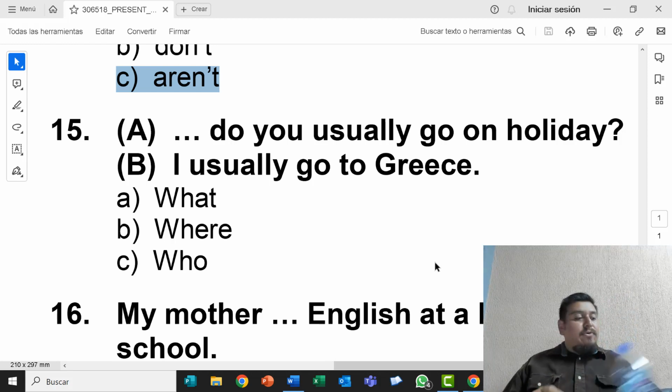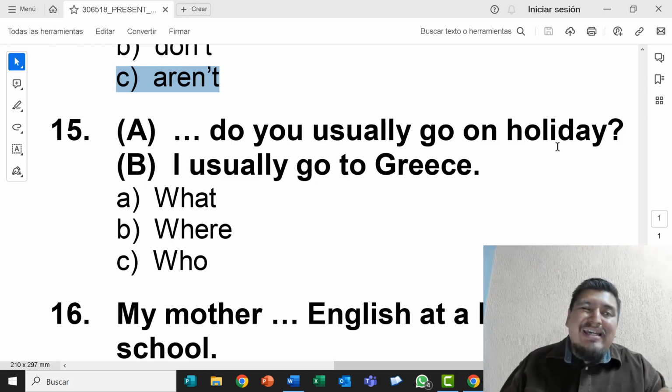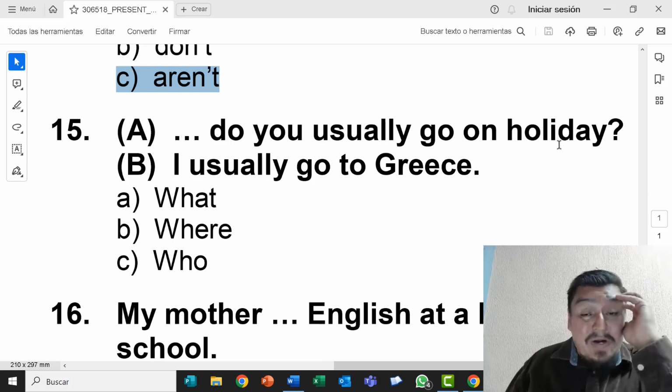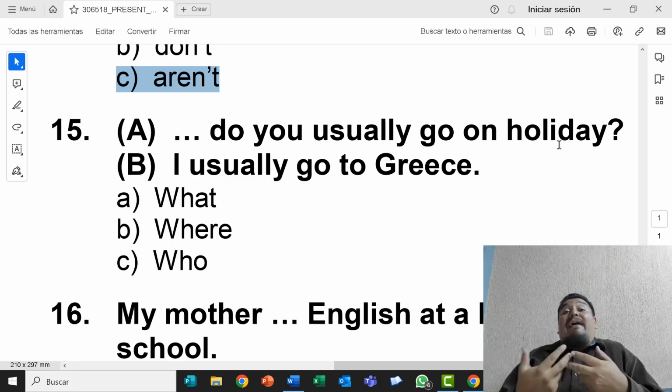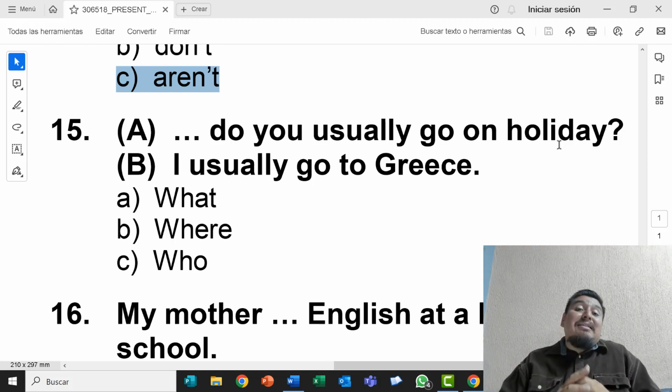Okay, number 15. Do you usually go on holiday? So, look at the answer. Concentrate on the answer because the answer is giving us the idea. So, what was the question?